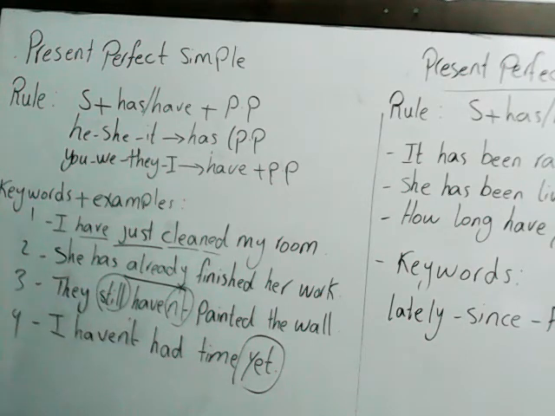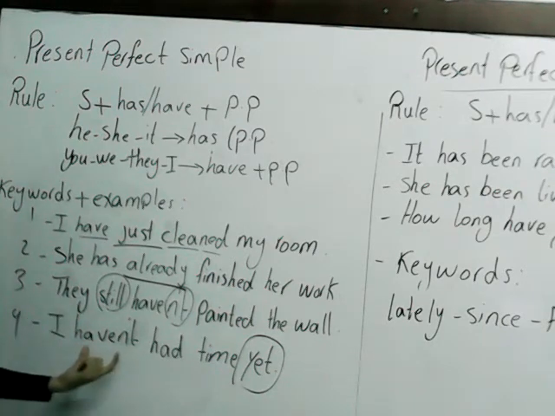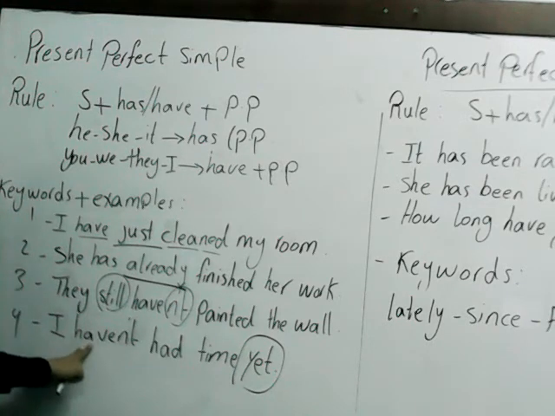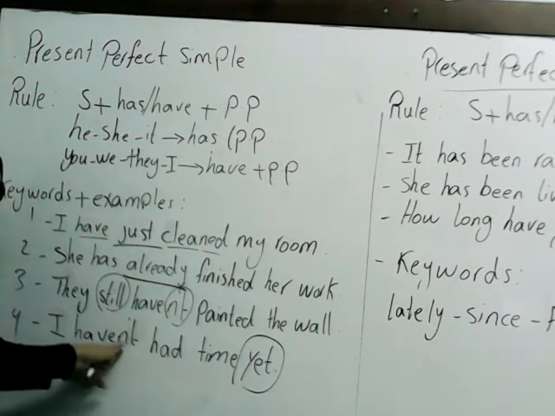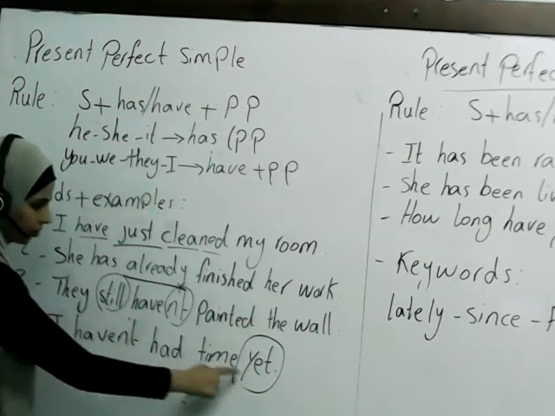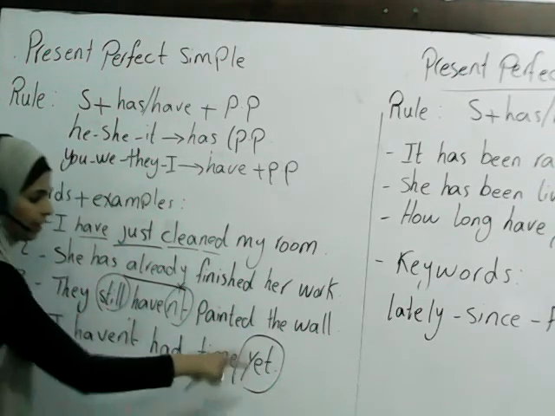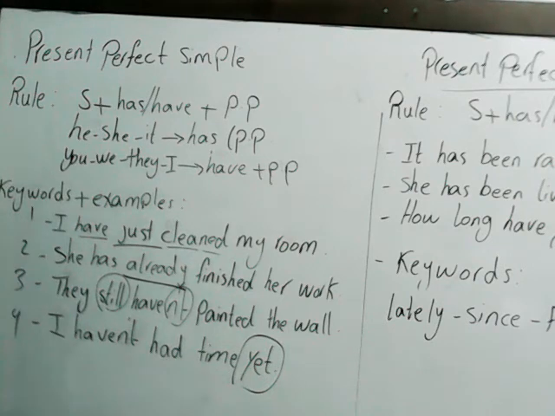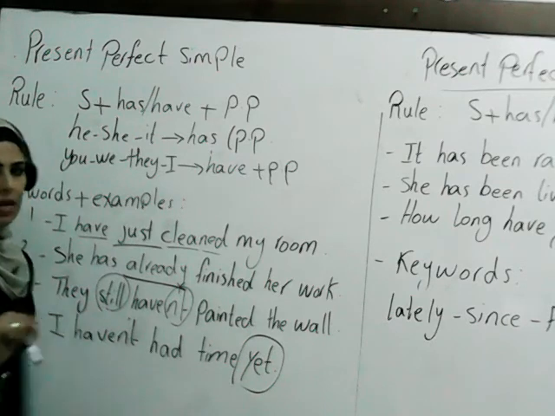We need an auxiliary verb to add not to any sentence. So as we already have an auxiliary verb, has or have, we can add not to it. And after that, we should add yet at the end of the sentence to make it completely correct. I haven't had time yet.